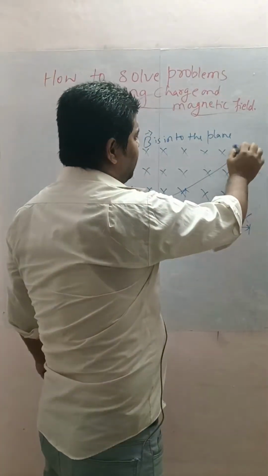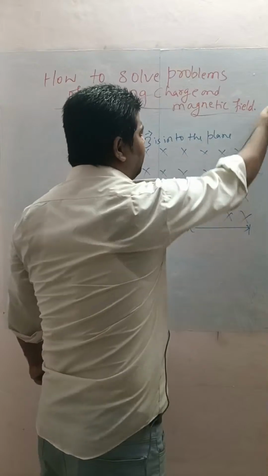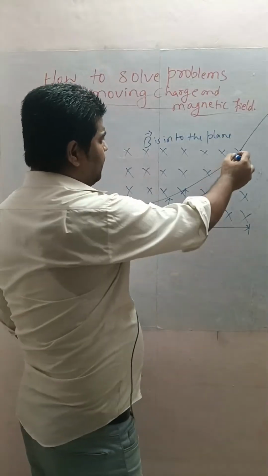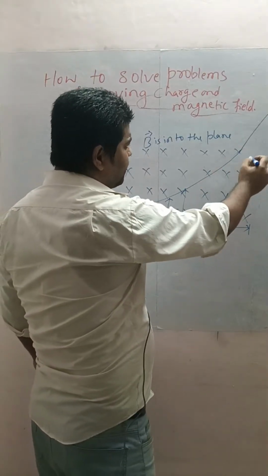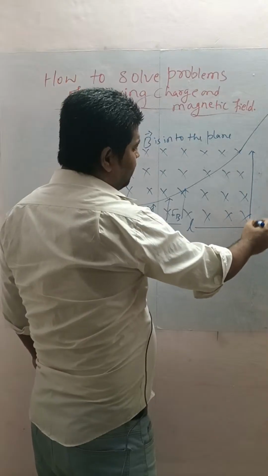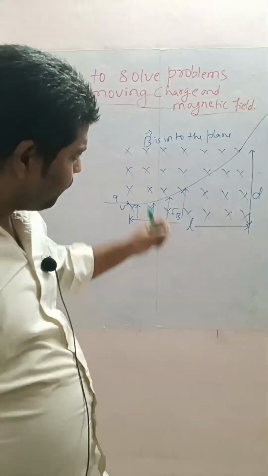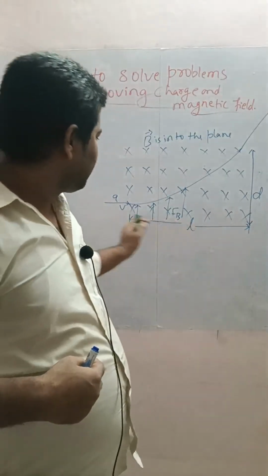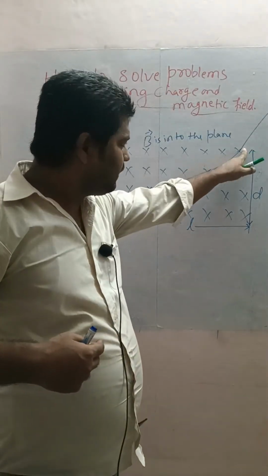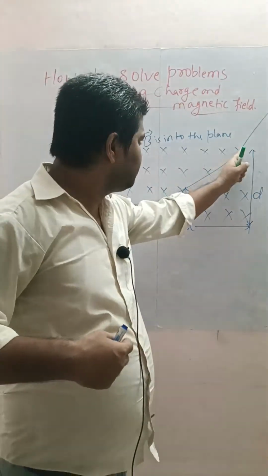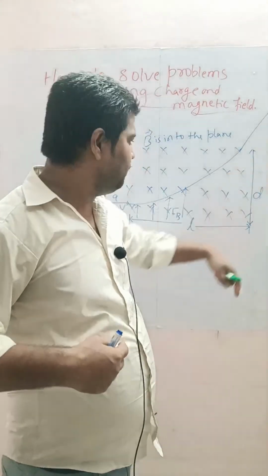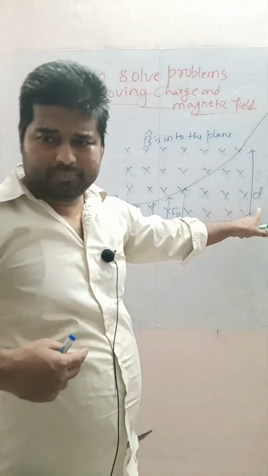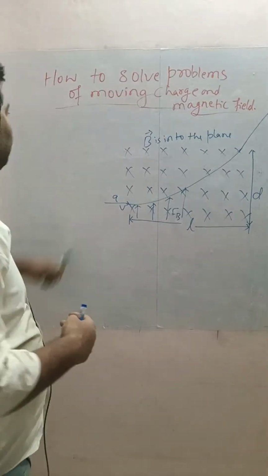That's why, in whatever direction it reaches here, it will go undeflected after. So your problem will be to find this vertical distance within which it feels magnetic force. It was going like this, and till the end of the region it goes like this, and then it has movement in this direction. So its deflection from its original path is this d. You have to find the value of d.